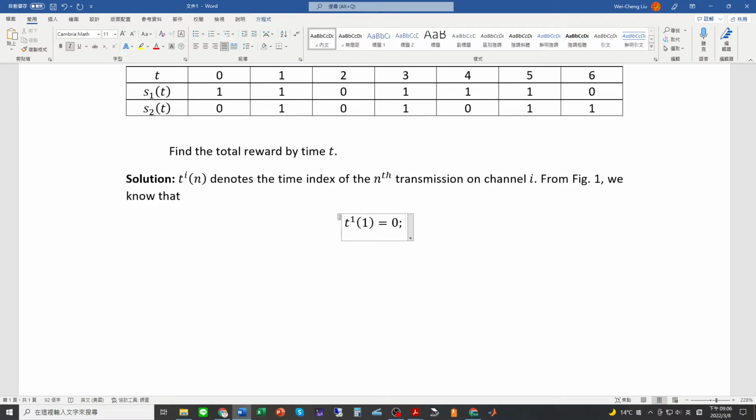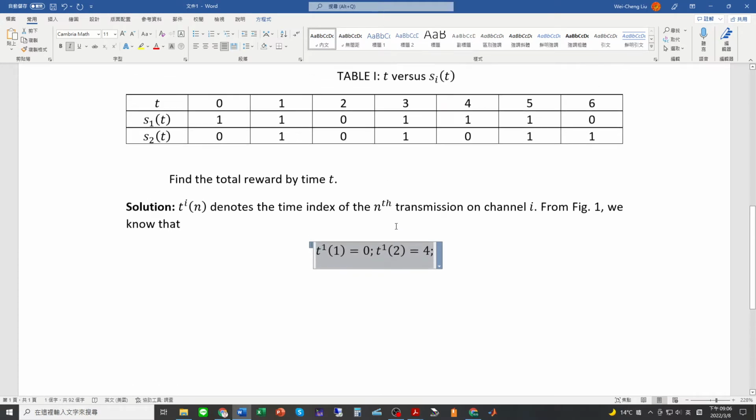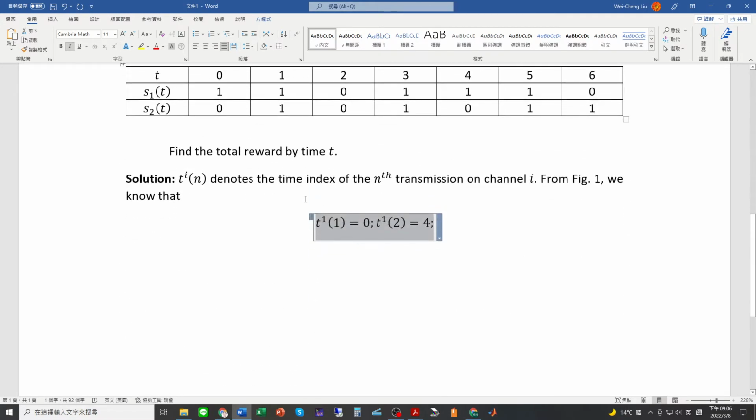And then T1 of 2 is equal to 4. Why? Because T1 of 2 is the time index of the second transmission on channel 1.